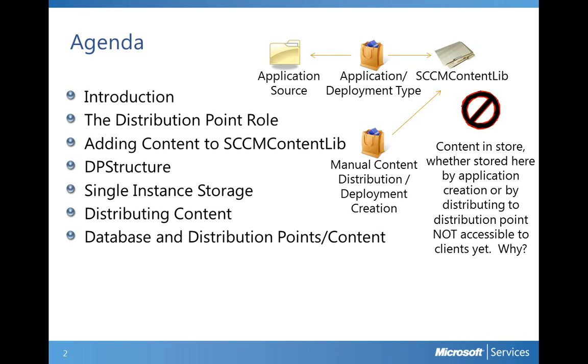In other words, when we go through the Create Application wizard in our demos in a minute, you'll see that the content for our source directory is actually pre-cached into the content store, the SCCMContentLib store. That is a very different thing from what we've done with distribution points historically. Certainly we will wait to send the content down to our child distribution points until those distribution points are selected.